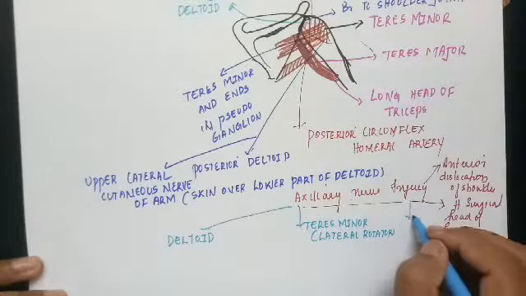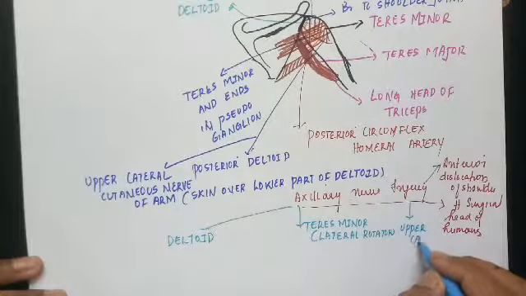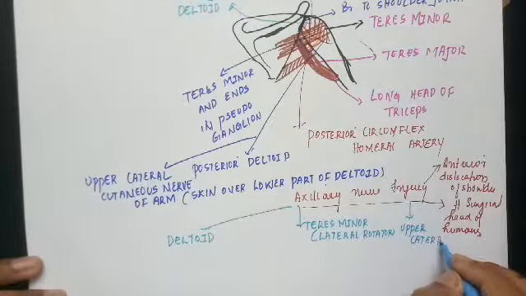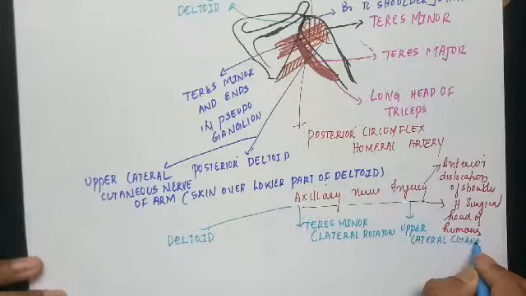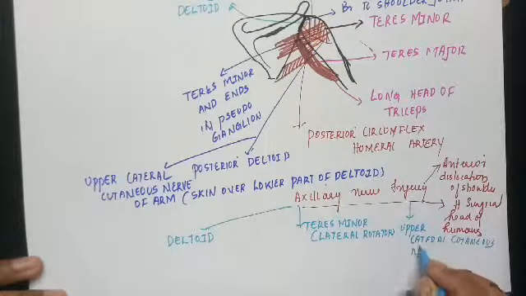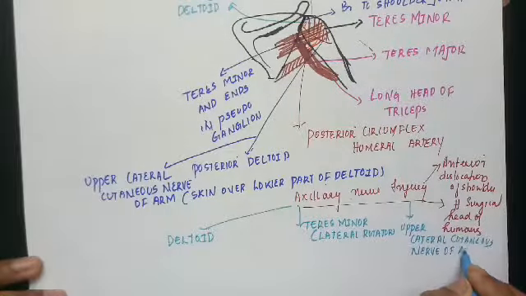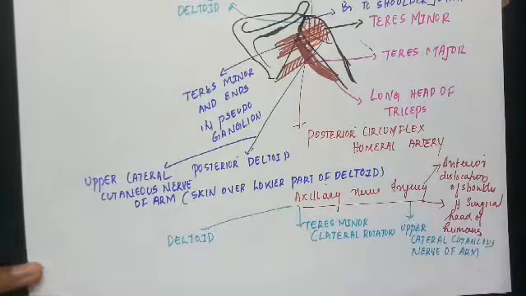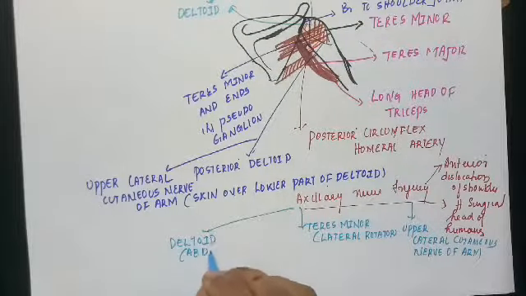And it has the upper lateral cutaneous nerve of the arm, which supplies the skin over the lower part of the deltoid.